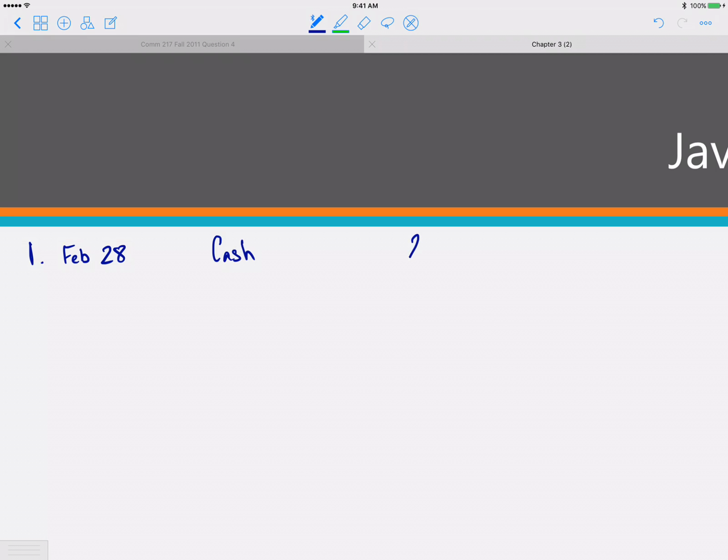So we debit cash by $24,000, and we credit sales revenue by $24,000. And the inventory used was $8,000. So the cost of goods sold was $8,000, and the inventory used was $8,000.